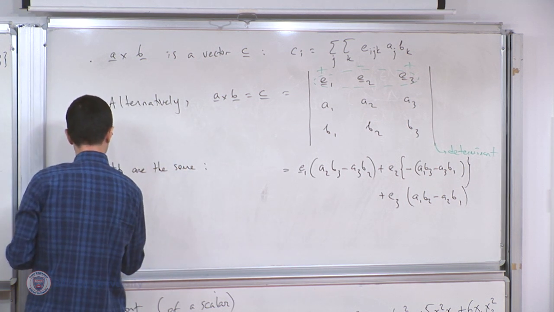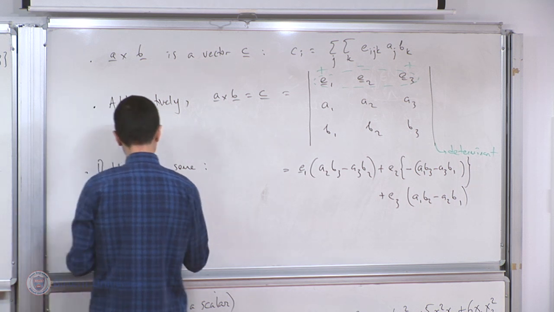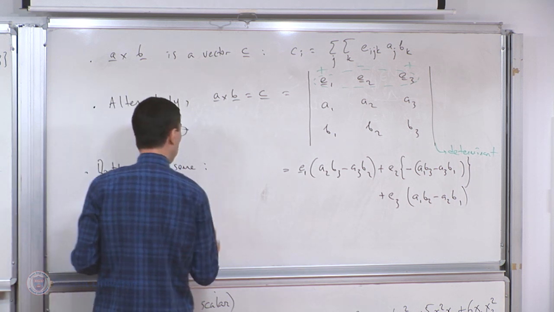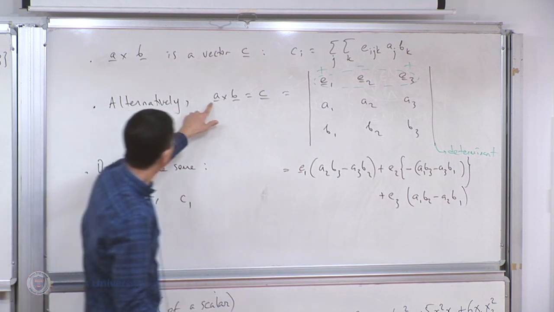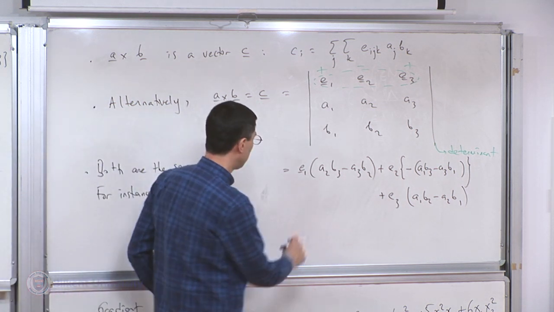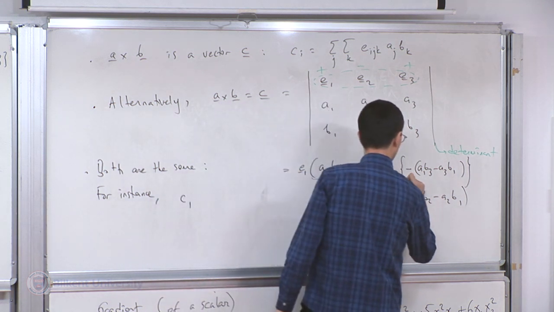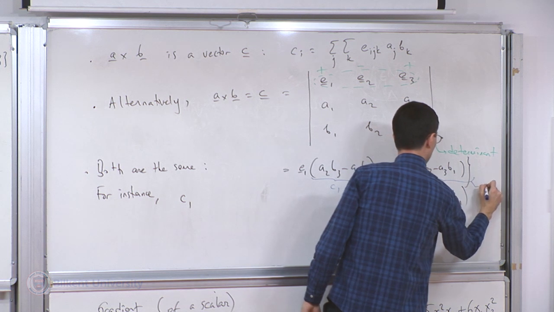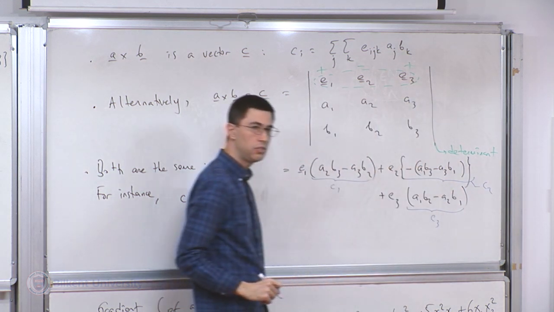So for instance, let's look at C1, just C1. So A cross B is a vector C, then this must be C1, this must be C2, and this must be C3.